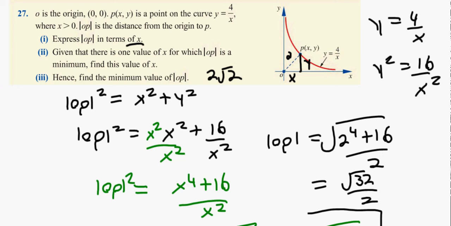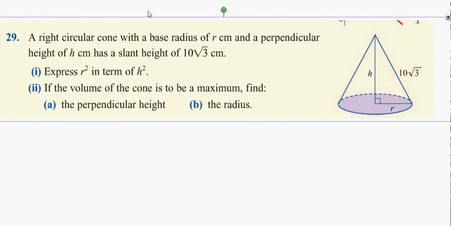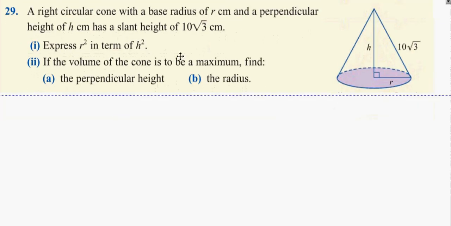Okay, number 29. A right circular cone with base radius r and perpendicular height h has a slant height of 10 root 3. Express r squared in terms of h squared. Well, we can use Pythagoras' theorem.